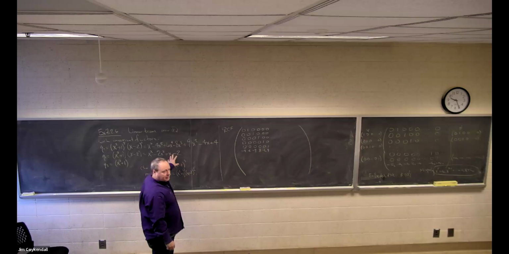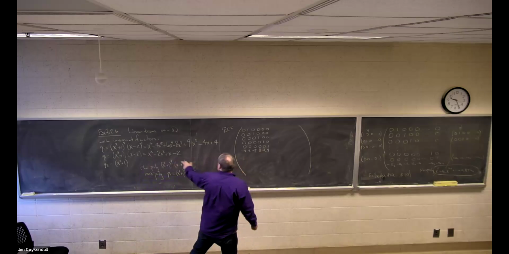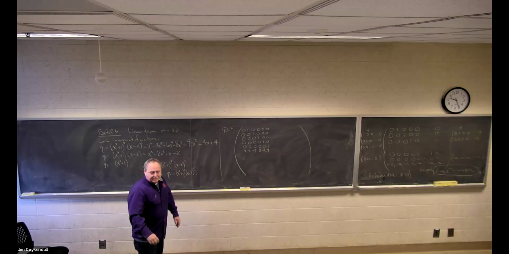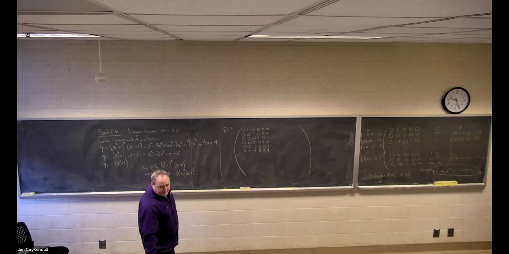Everybody see how I got that first block? 6 by 6 because of the degree of this, and you just build this with the polynomial that makes it P6. Everybody okay with that?